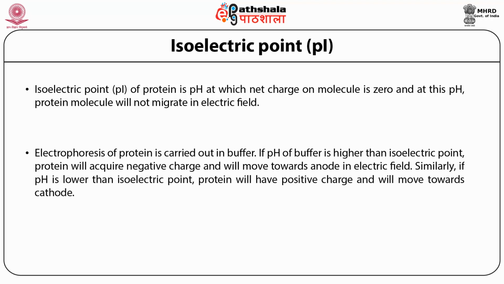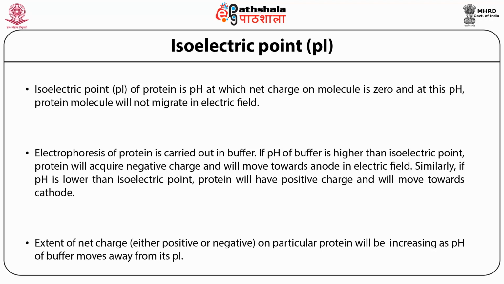If the pH of the buffer is higher than the isoelectric point, the protein will acquire negative charge and will move towards the anode. Similarly, if pH is lower than the isoelectric point, the protein will have positive charge and will move towards the cathode. The extent of net charge, either positive or negative, on a particular protein will increase as the pH of the buffer moves away from the isoelectric point.